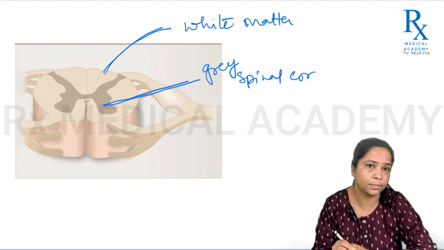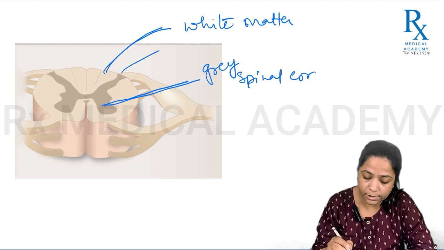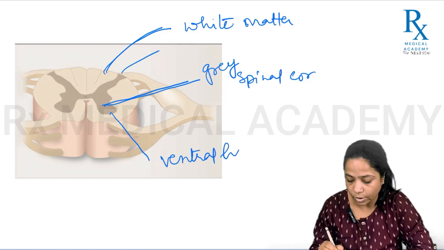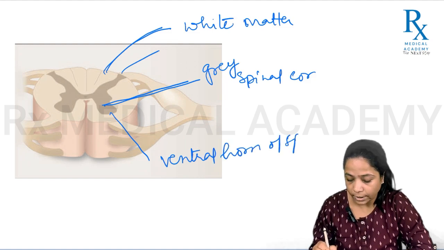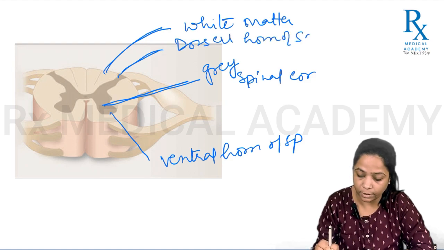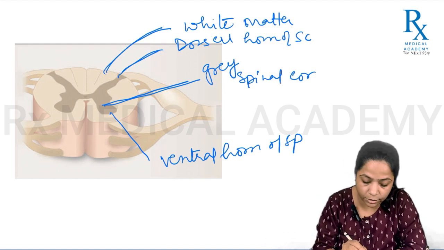There are certain projections known as horns. On the ventral side, we have the ventral horn, and this is the dorsal horn of the spinal cord. In some parts of the spinal cord, you will also find the lateral horns.